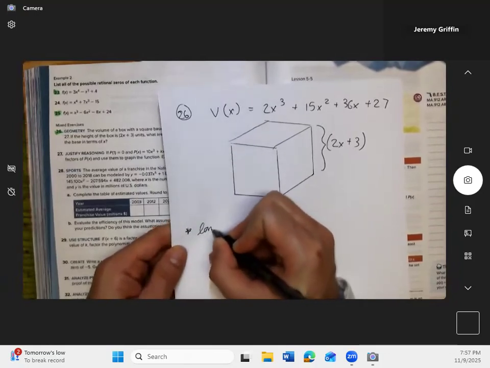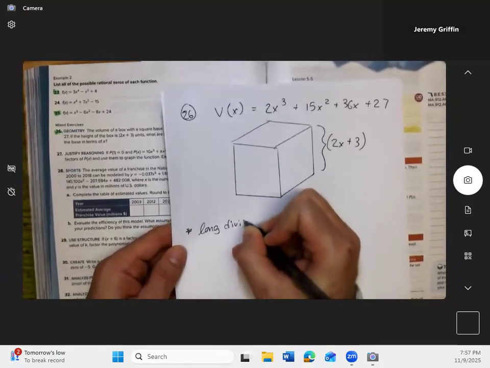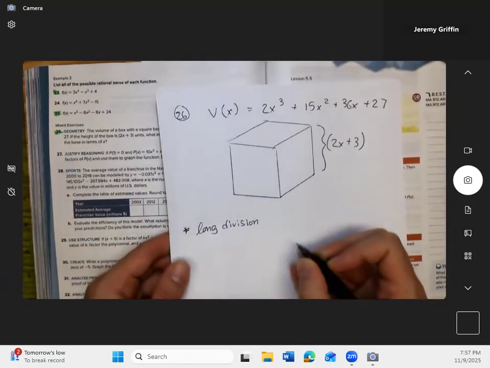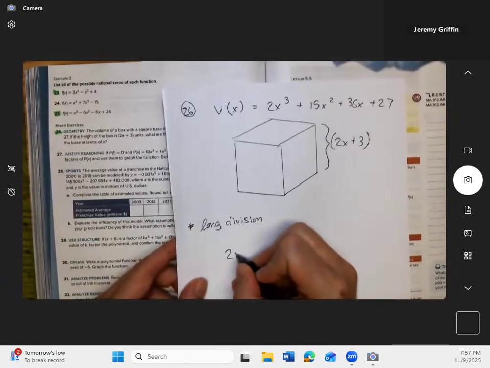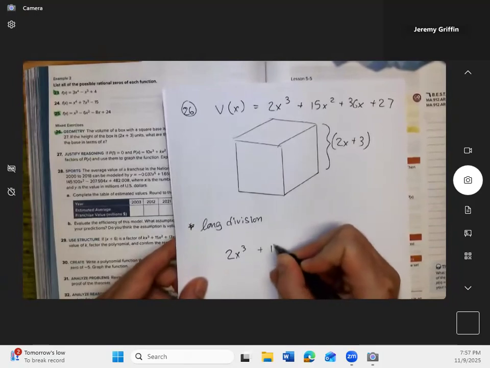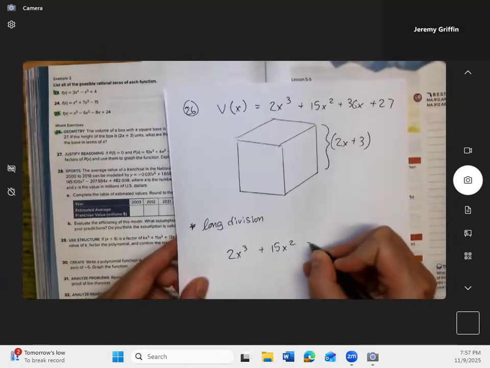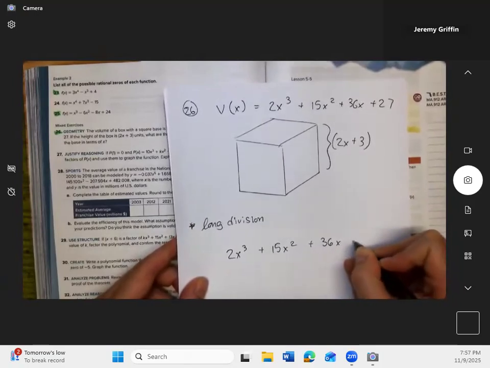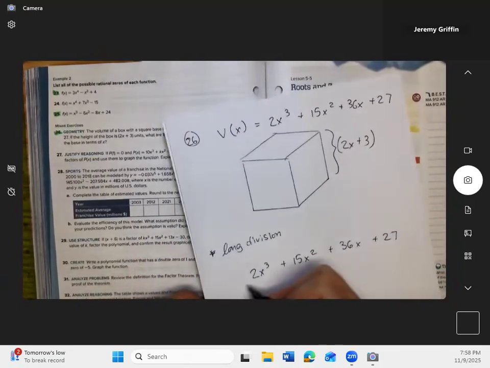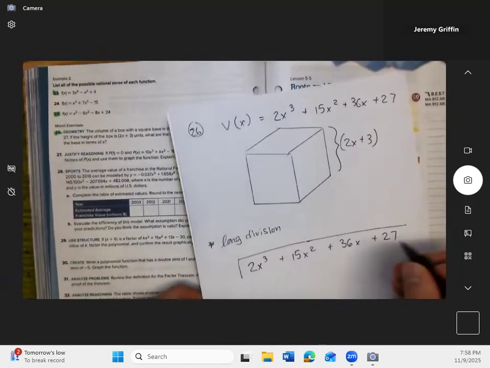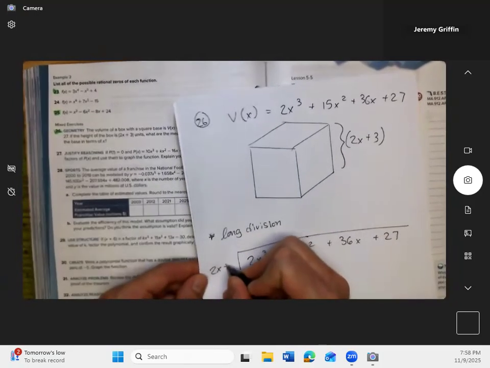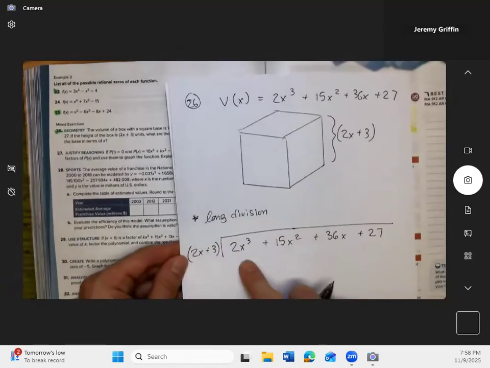So let's do long division. 2x to the 3, 15x squared, 36x, 27. We're dividing all of this by 2x plus 3. Okay, here we go.